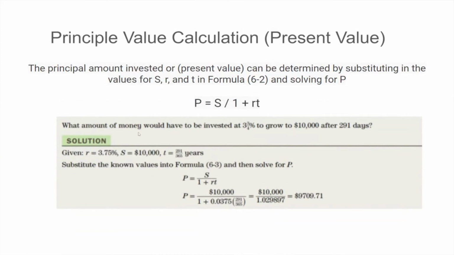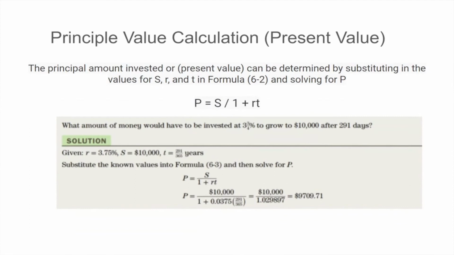So what amount of money would have to be invested at 3.75% to grow to $10,000 after 291 days? I always find it useful to draw some sort of number line on this. That makes it easy because we can get a better sense of past and future if we draw a number line.